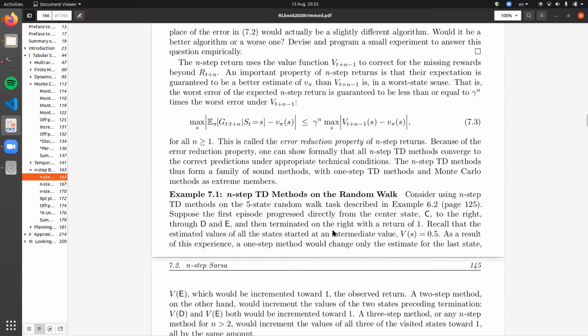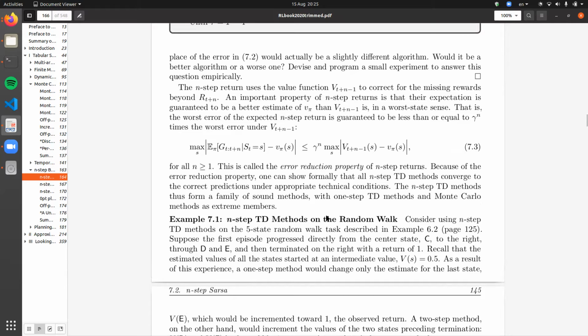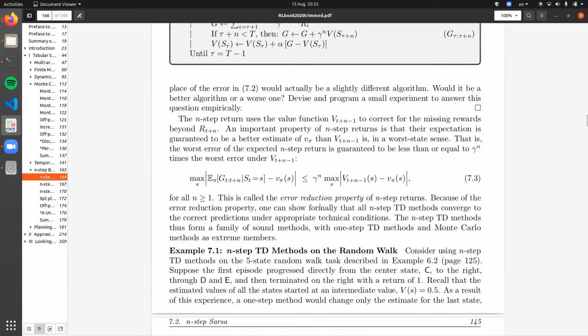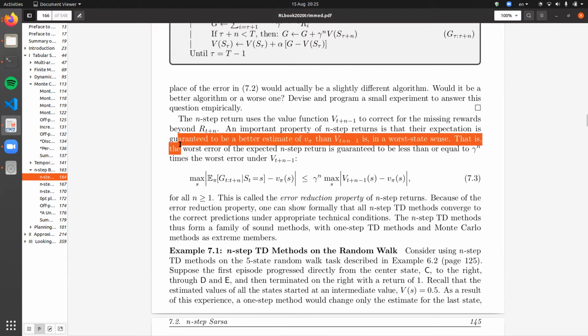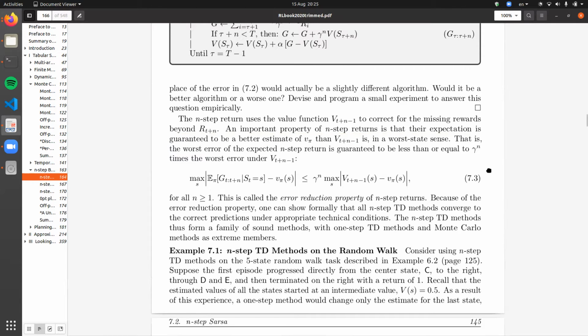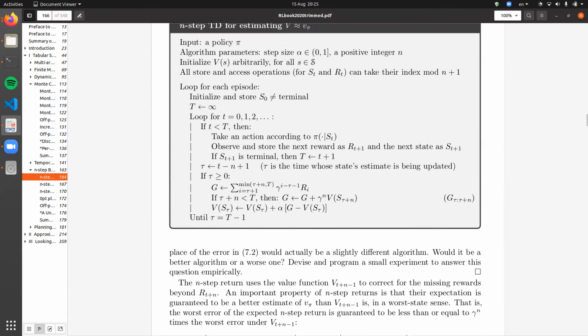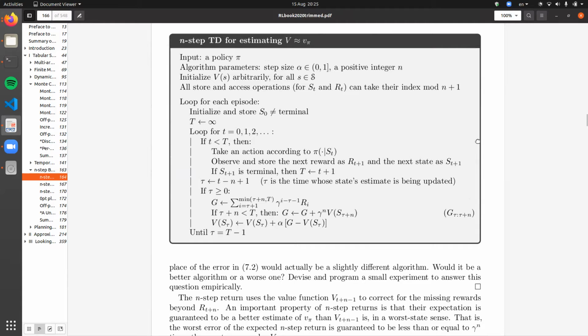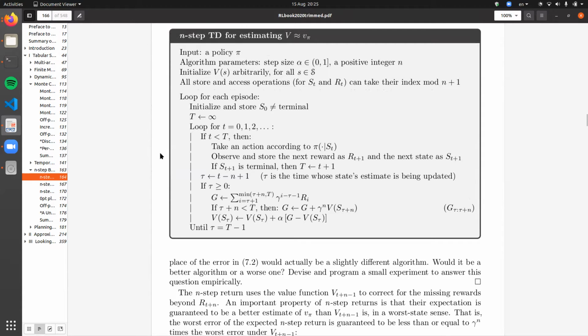And one more query: since this is a purely tabular case, what will happen in the case of some convnets or some approximations that we do? How will that affect this kind of n-step bootstrapping process? There we might see a completely different result based on the feature approximations that we select.